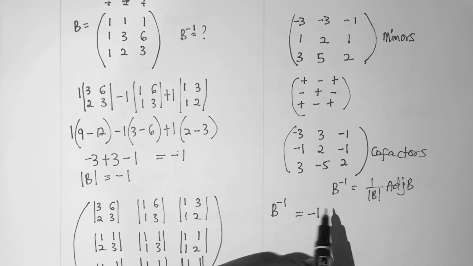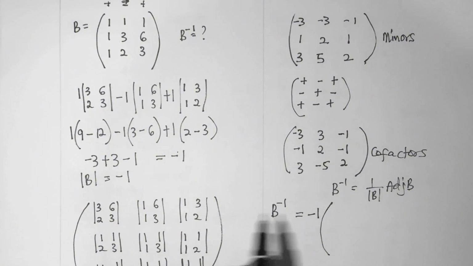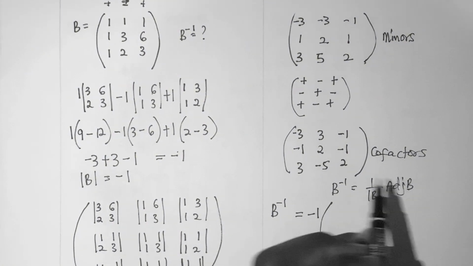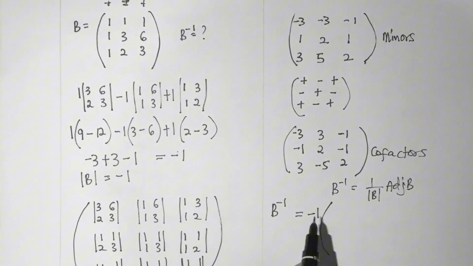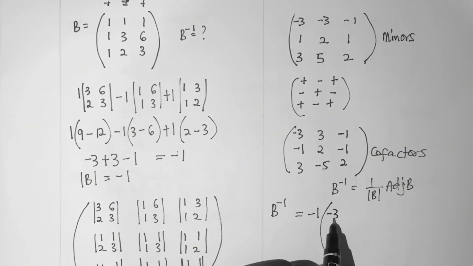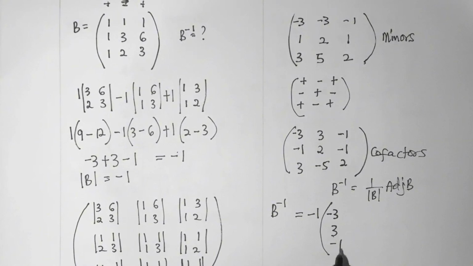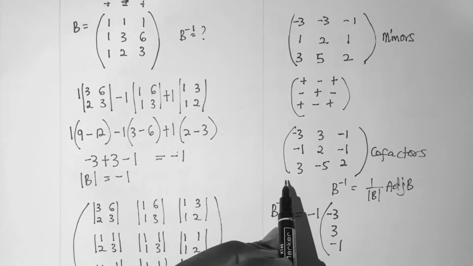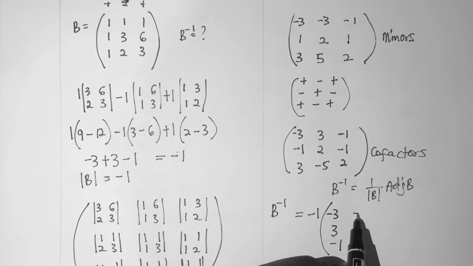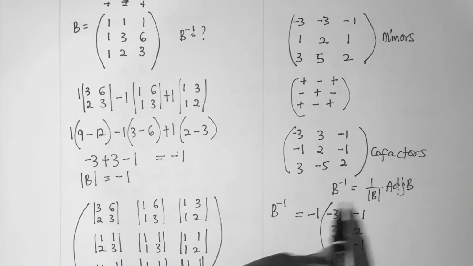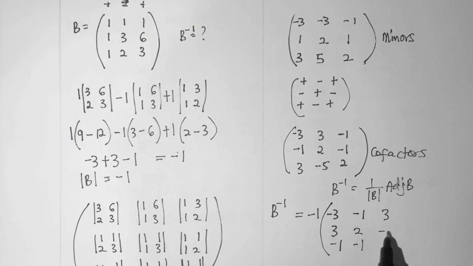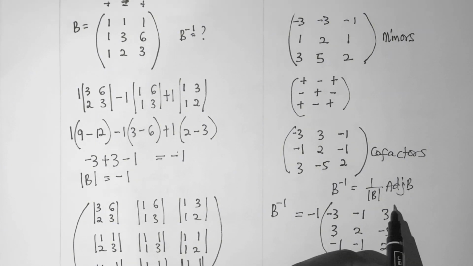So minus 1 times the adjoint of B, which is the transpose of the cofactors. So take the first row and make it the first column: minus 3, 3 and minus 1. Then take the second row, make it the second column: minus 1, 2 and minus 1. Then take the third row, make it the third column: 3, minus 5 and then 2.